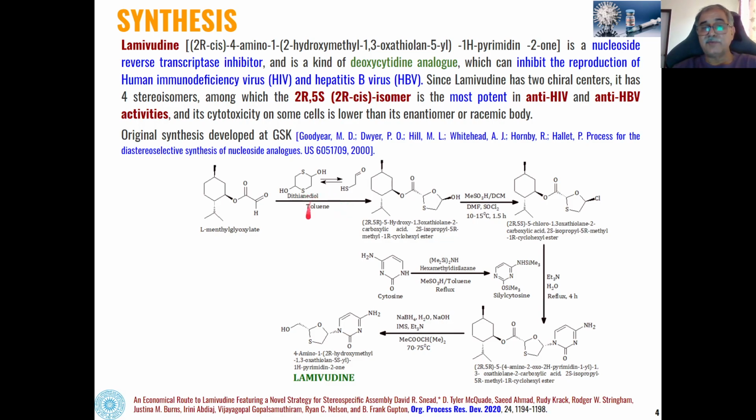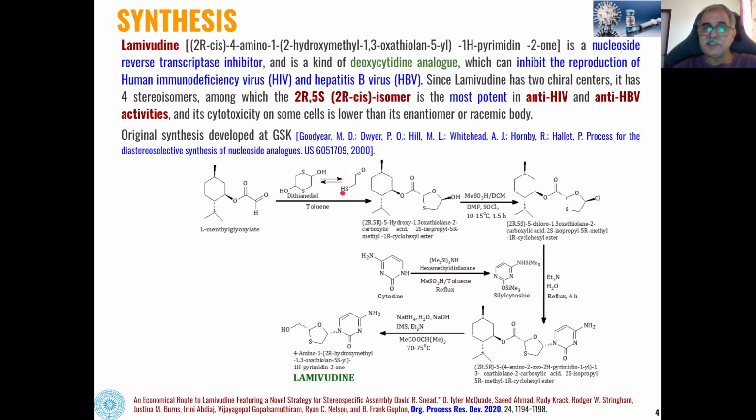in the presence of toluene, this undergoes reaction at this aldehydic center and this thioacetaldehyde.